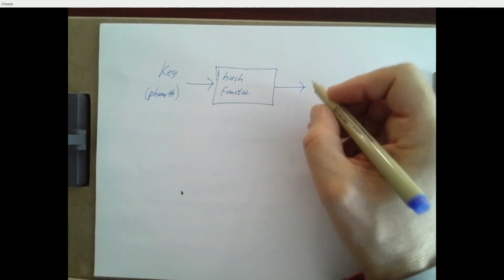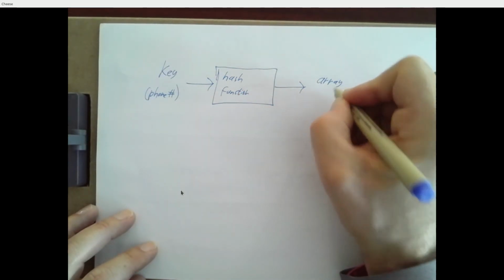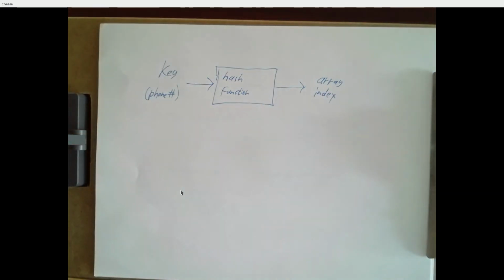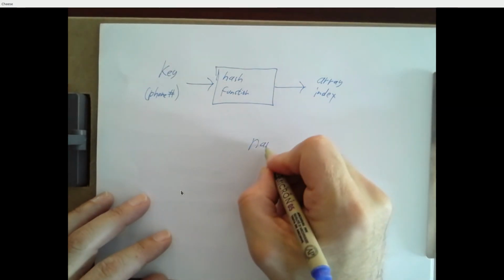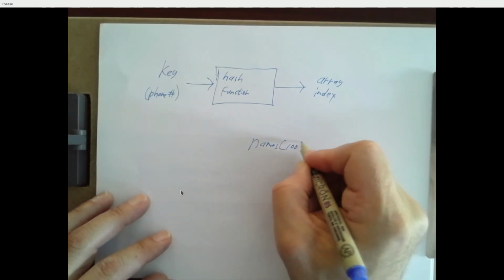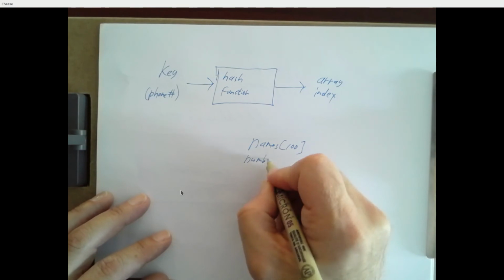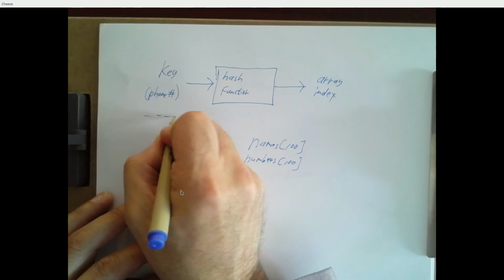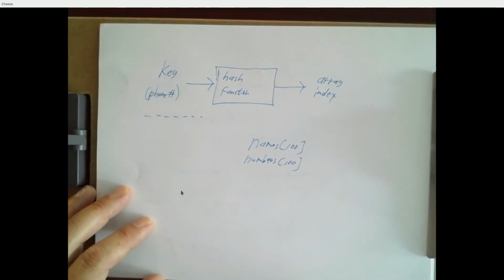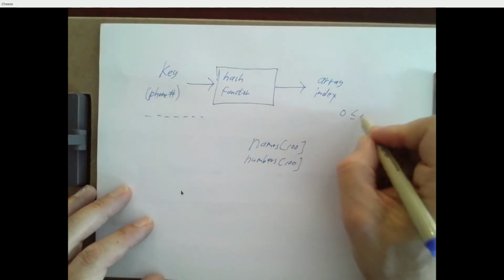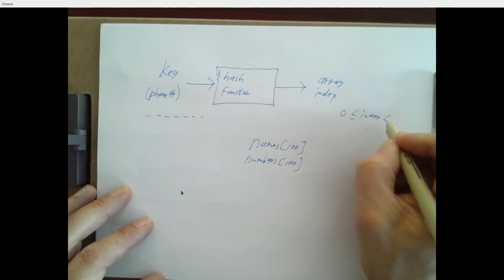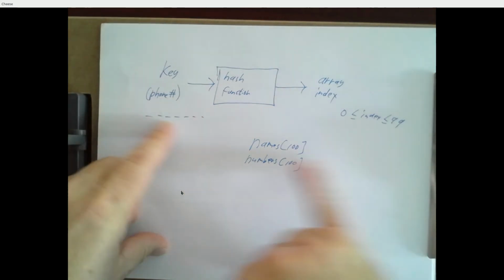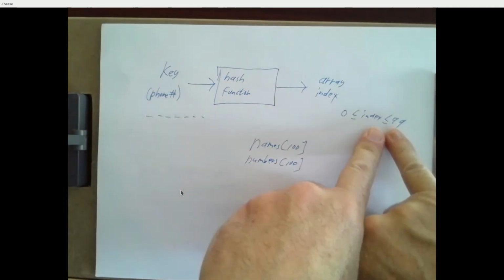And this hash function spits out an index into an array. And so our array might only be 100 entries. But we find some way to take the 7-digit number and turn it into something between 0 and 99. And this process of converting from this big key to this small index, that's called hashing.